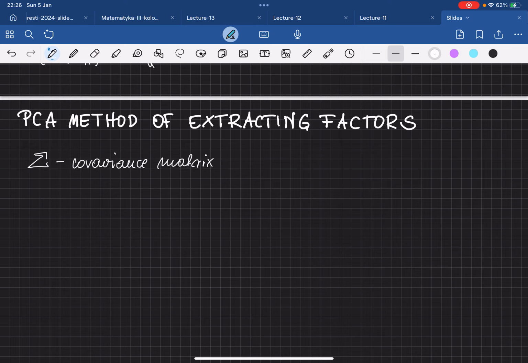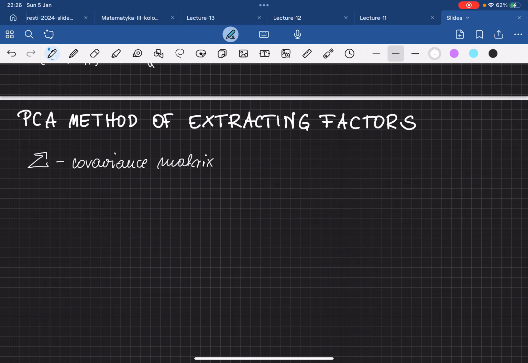We find eigenvectors and eigenvalues. Since this covariance or correlation matrix is symmetric and positively defined, it has positive eigenvalues and orthogonal eigenvectors. Usually we choose eigenvectors normalized.